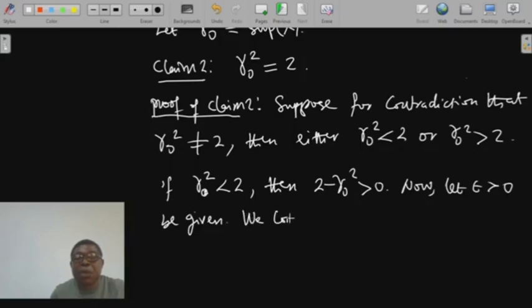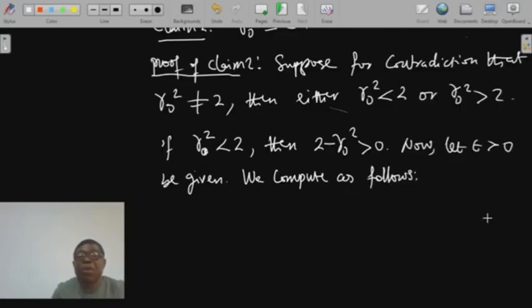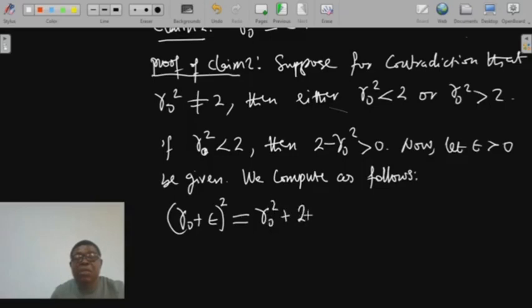So, given a positive number, we compute as follows. What are we computing? We shall look at gamma naught plus epsilon squared, and this will give us gamma naught squared plus 2 gamma naught epsilon plus epsilon squared. So this is what we'll get.